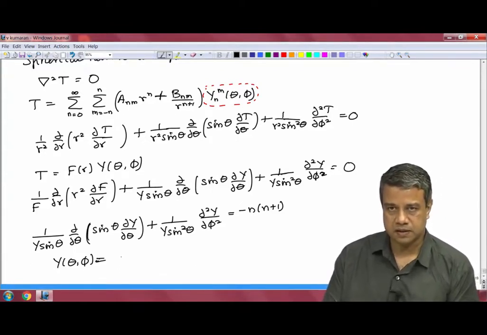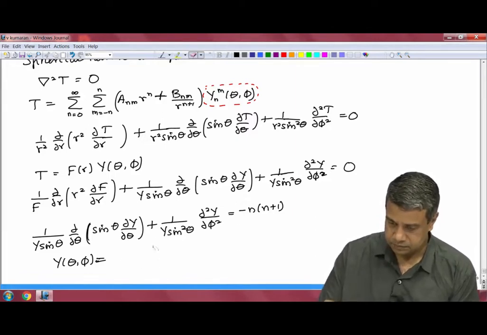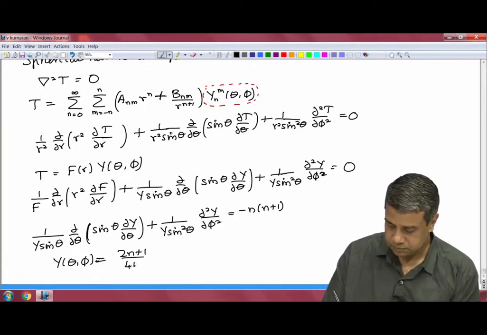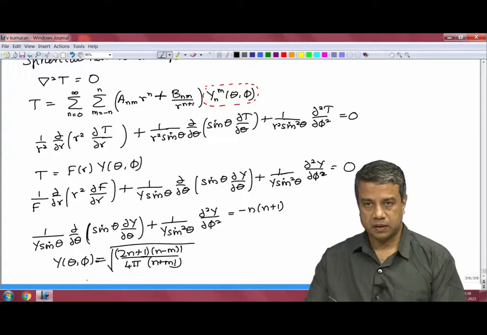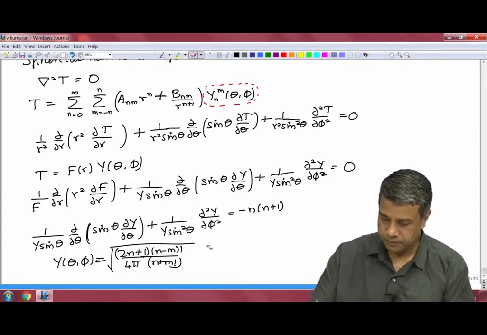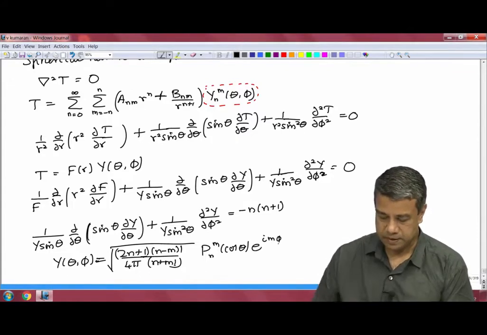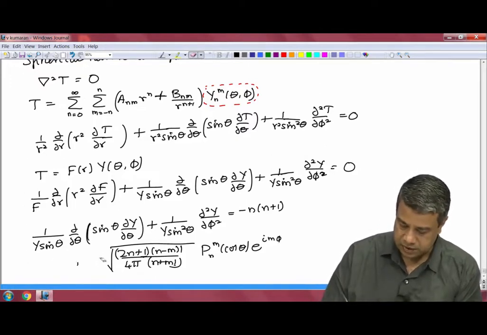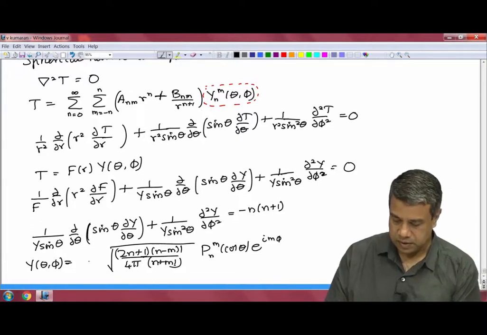In this case, we had used a normalization constant here, 2n plus 1 by 4 pi, times n minus m factorial by n plus m factorial, a constant in order to make the whole thing orthonormalized, that is, the inner product has to be 1, times P_n^m of cos theta into e power i m phi, where m goes from minus n to plus n.